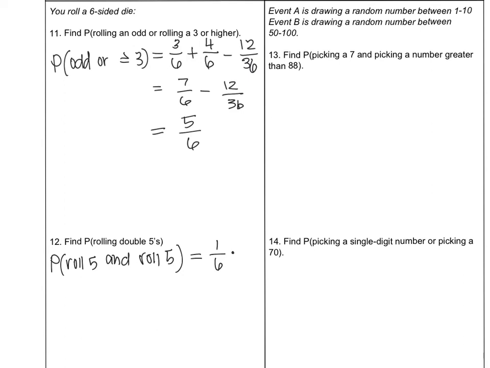And these are independent events because if I roll a 5 on the first roll, that doesn't change the probability of rolling 5 on the second. So the second probability is also 1/6. And we're going to multiply straight across, and we're going to get 1 over 36.